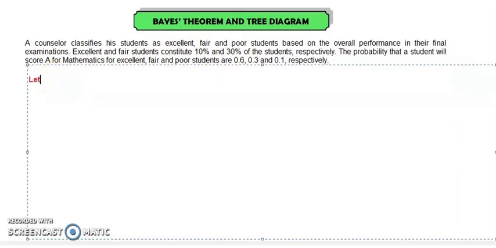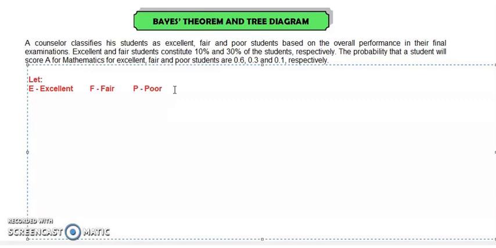So let E be excellent student, P for poor, and F for fair student. This is for the first event, the status of students.